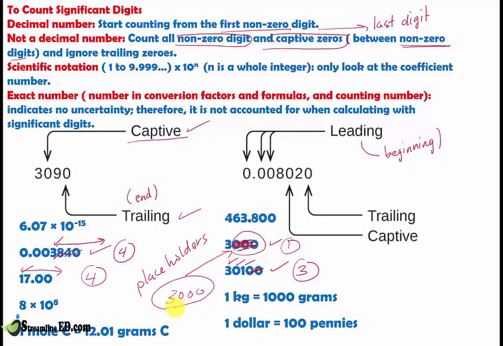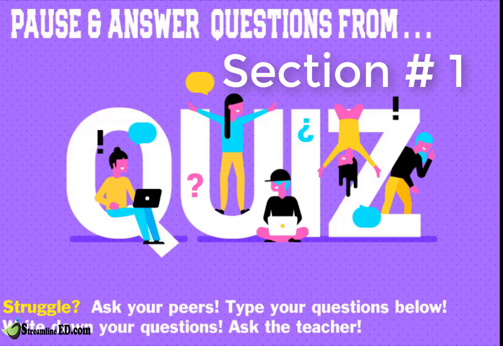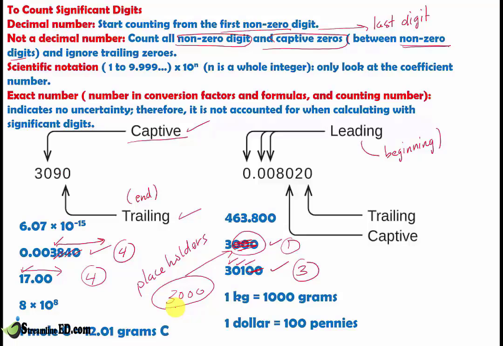Remember, placeholders and significant digits are two different things. Significant digits tell you how precise the measurement is.